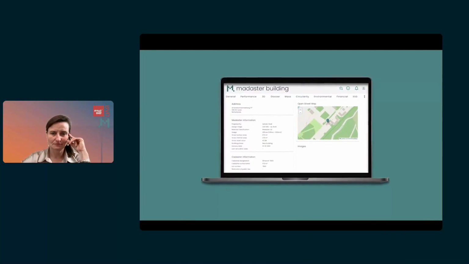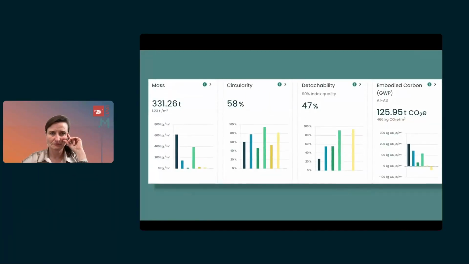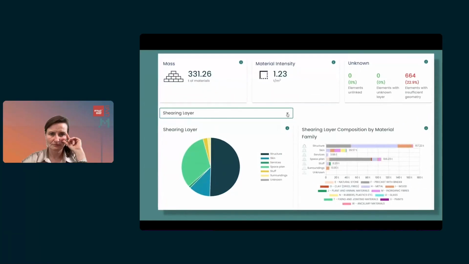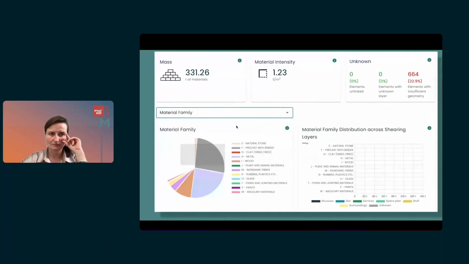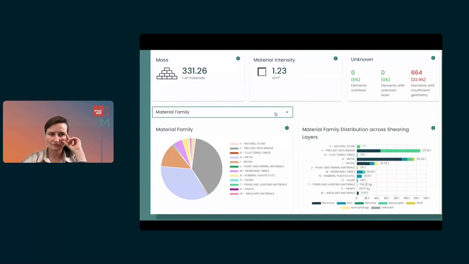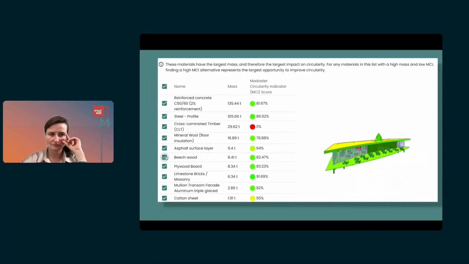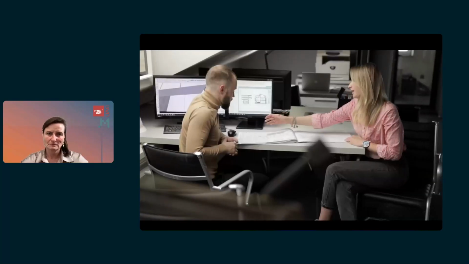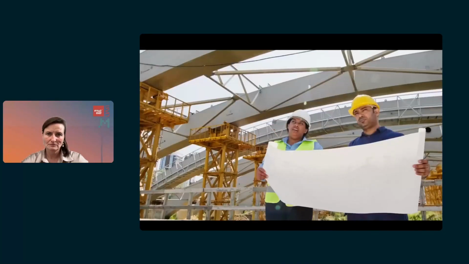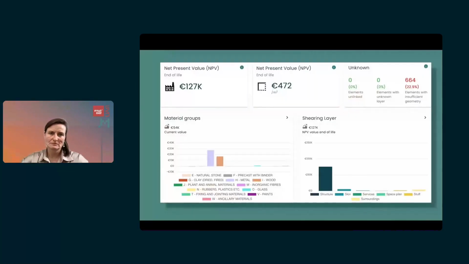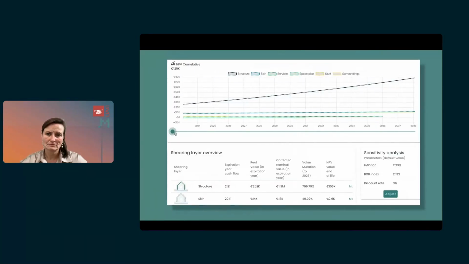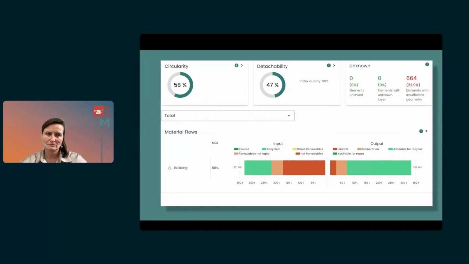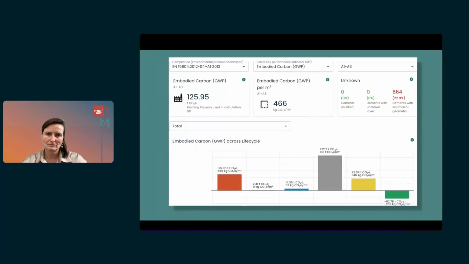Madasta, the cadastre of materials, documents the identity of materials, allowing them to acquire and retain value and ultimately be reused again and again. This results in visibility, knowing what materials are where, collaboration, effective internal and external communication, value, financial and residual value of materials, insights, analyze and manage circularity, and carbon.